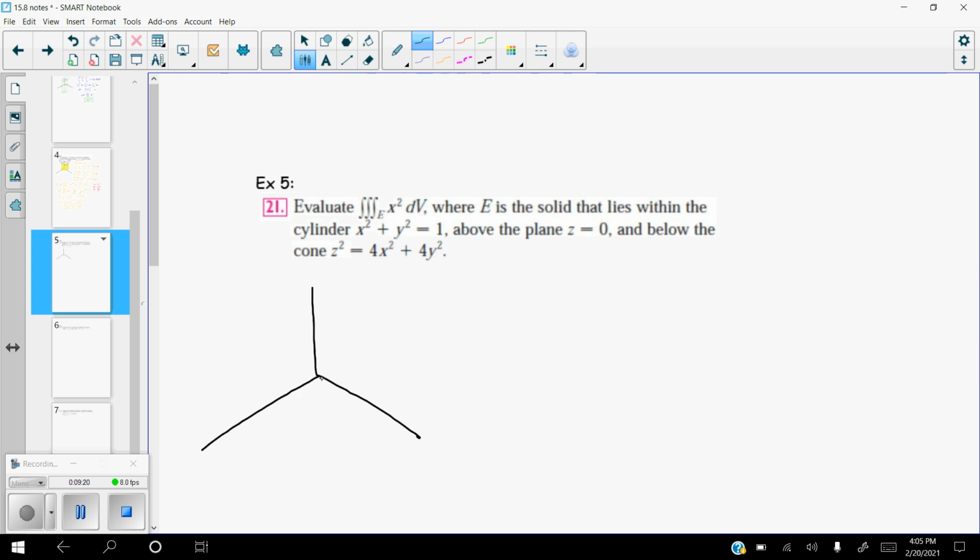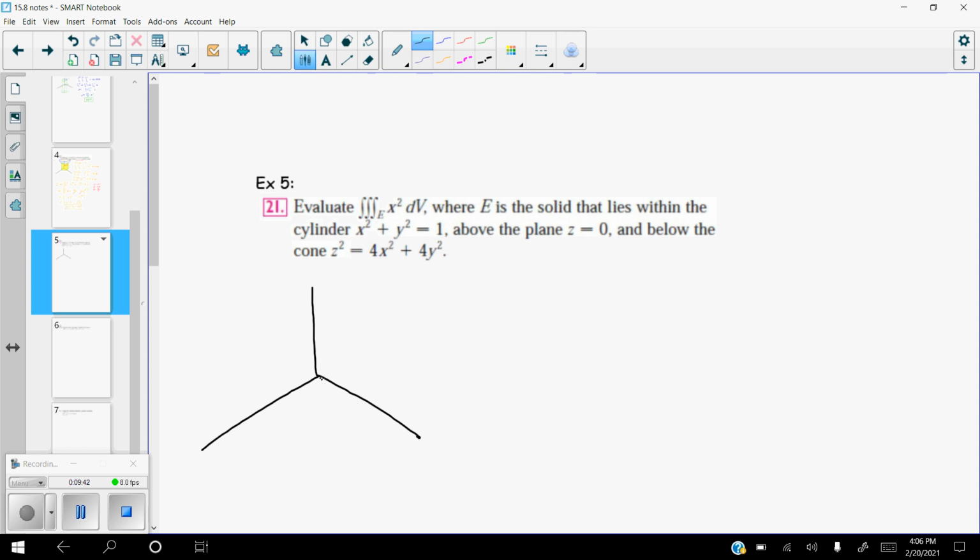So we are going to find the triple integral. It lies within the cylinder x squared plus y squared equals 1, and above the plane z equals 0, and below the cone z squared equals 4x squared plus 4y squared.